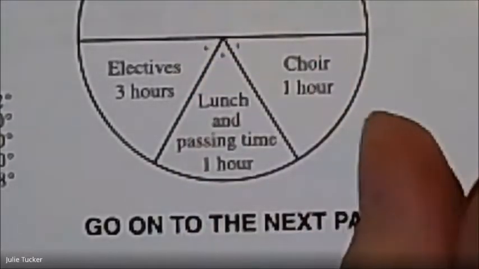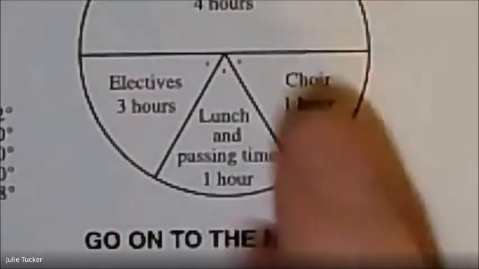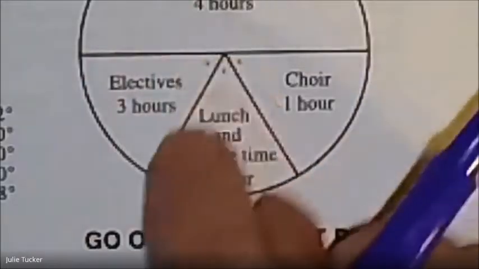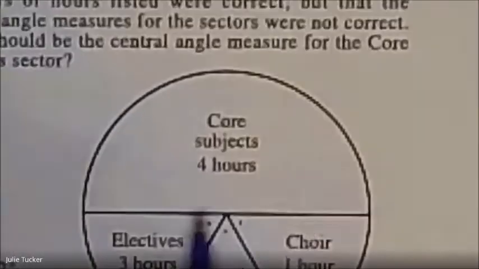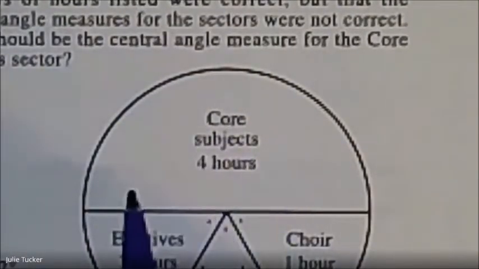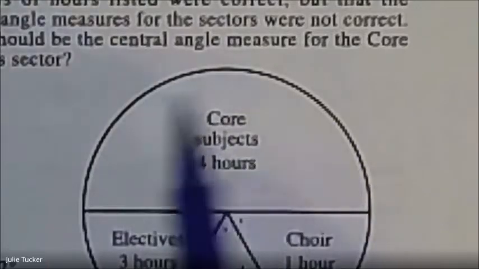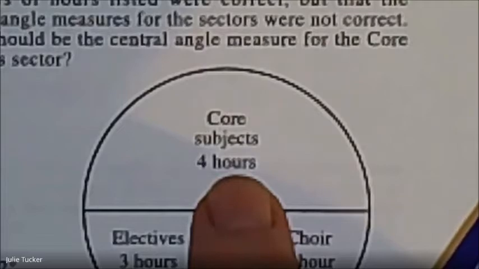So basically what they're saying is they put the right information on the thing, but they didn't shape this out right. If you want it to represent the data, then like this one here, if you're going to put core subjects is 4 hours and make half the circle be that, then the 4 hours needs to be half of the total hours, you know?